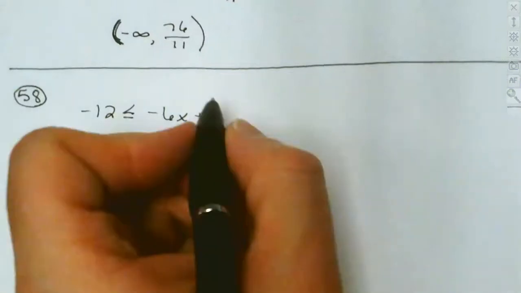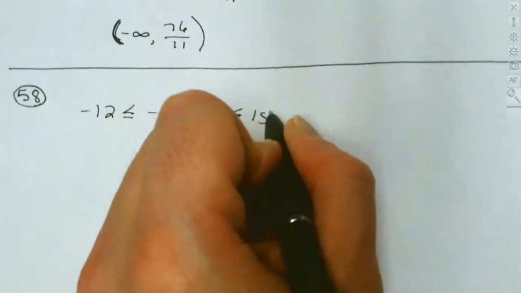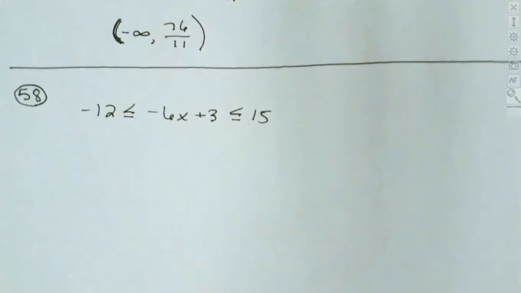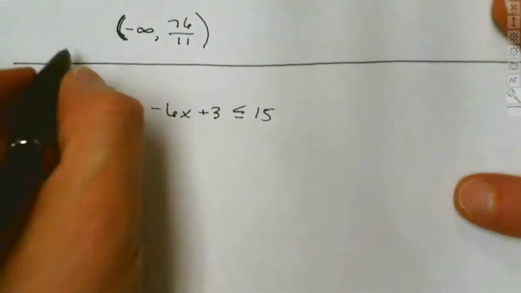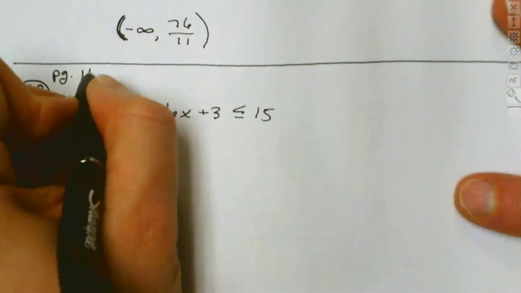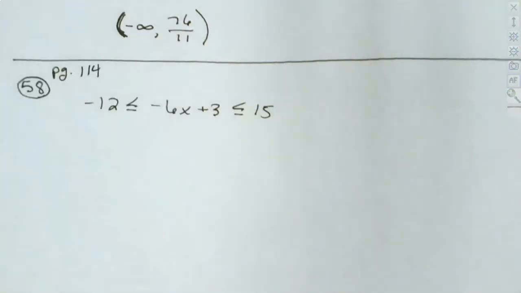Yep, that all looks right. Just to make sure I didn't copy anything down wrong. So that's what we're looking at. This is question 58. And again, this is page 114.